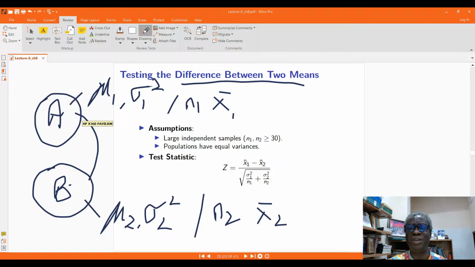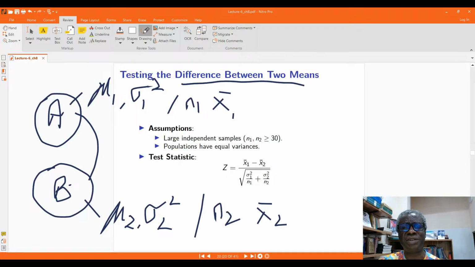In other words, we expect the sample sizes from the two populations, n1 and n2, to be greater than or equal to 30. That's when we say the sample size is large. In statistics, large samples start from anything greater than 30.